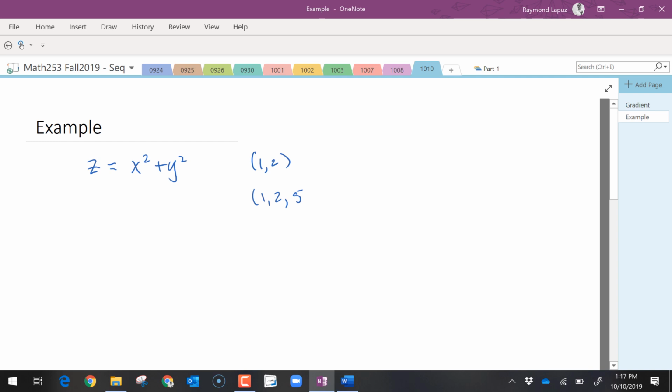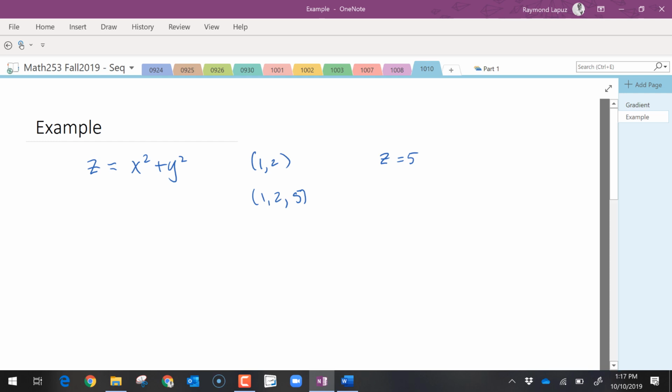So I have my point on the domain. I have my point that's actually on the surface. And now let's see what's next. Cutting plane. We need to cut it with a plane. What do we cut it with? Z is equal to whatever the z value we found, right? 5. And so I want to parameterize the curve.